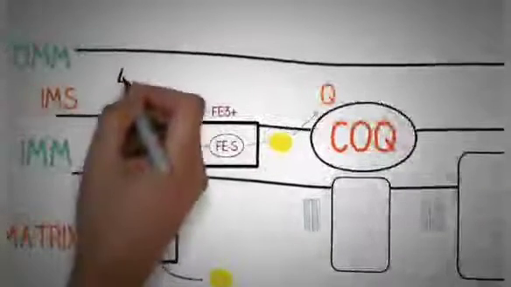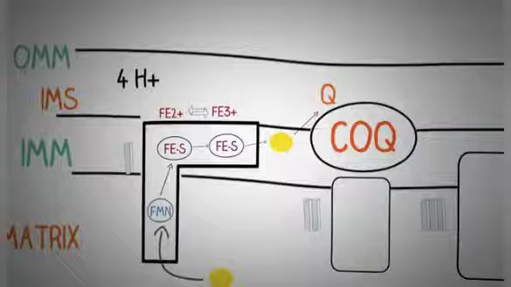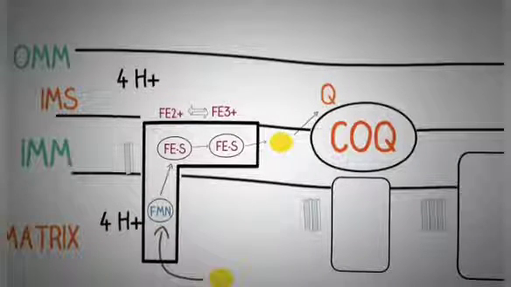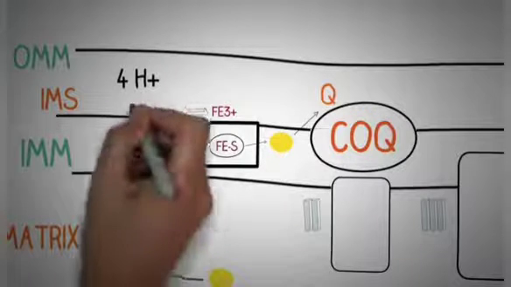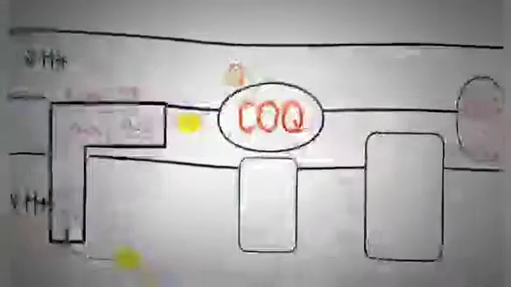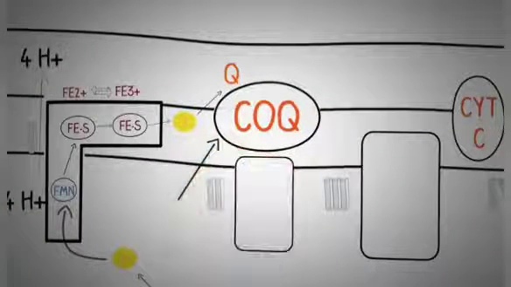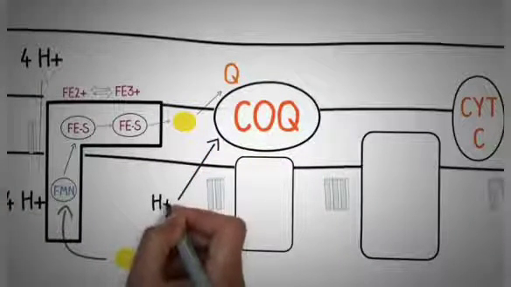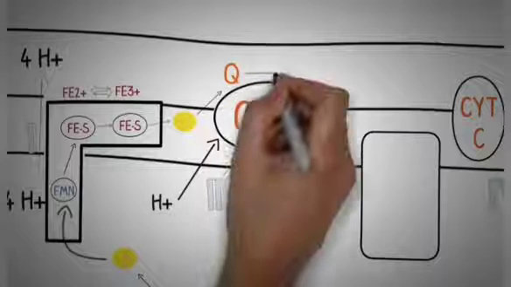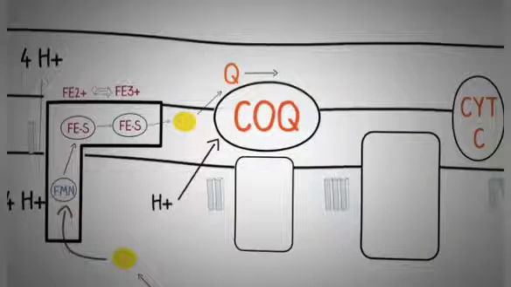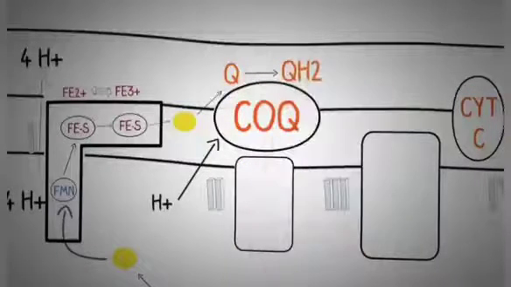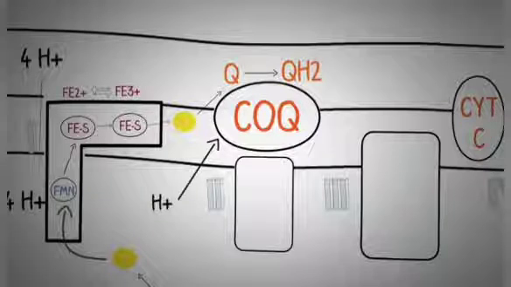These redox reactions generate energy which is used to pump 4 hydrogen ions from the matrix of the mitochondria into the intermembrane space. The coenzyme Q then combines with 2 hydrogen ions from the matrix of the mitochondria and gets converted to the reduced form of ubiquinol.